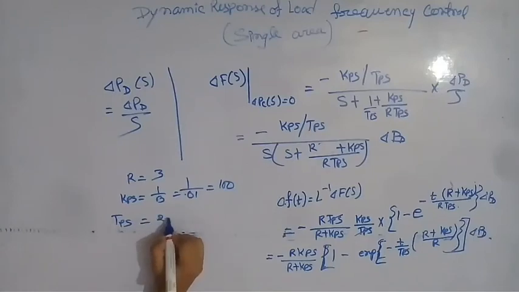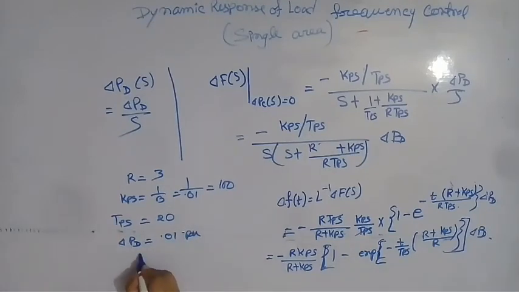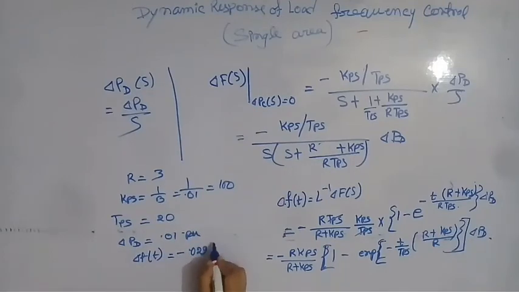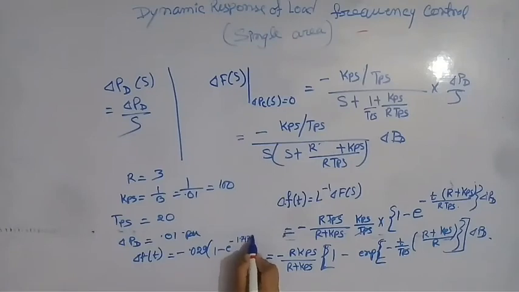The typical value of TPS is 20, delta PD is equal to 0.01 per unit. So by putting these values, delta f of t is equal to minus 0.029 (1 minus e to the power minus 1.717 t).